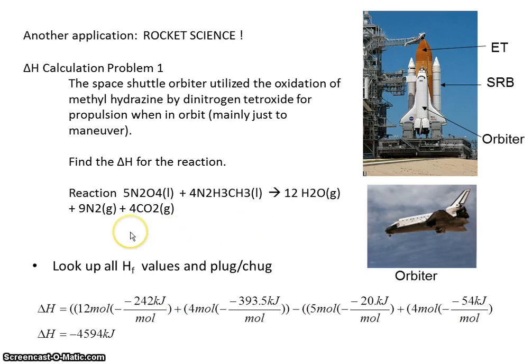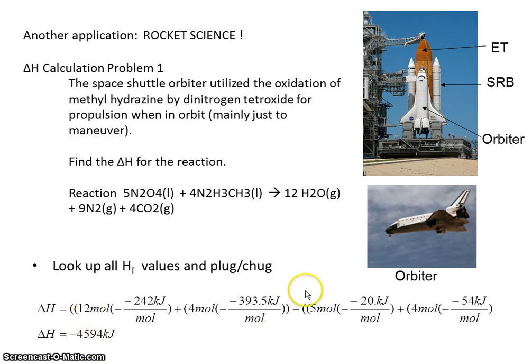These reactions, they're called thrusters, provide the propulsion to maneuver the orbiter and change its altitude or slow it down so it can re-enter. But the reaction is fairly complex, as shown here. And again, this is the reaction in the little small thrusters that provide the energy to maneuver the orbiter when it's in space. So if you look up all the values in your textbook and plug them into the equation, you'd get this amount of energy.